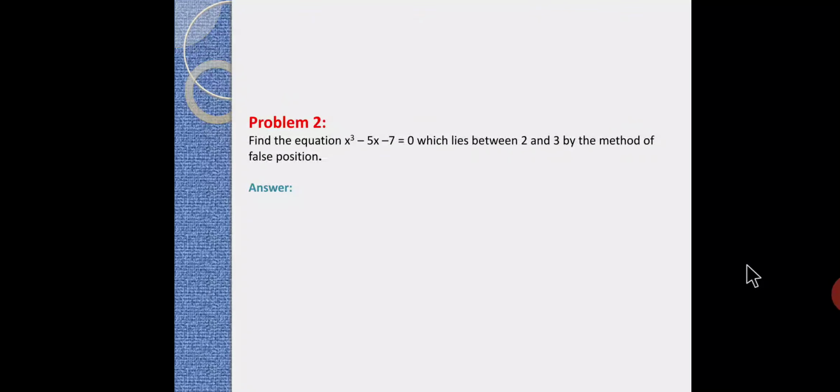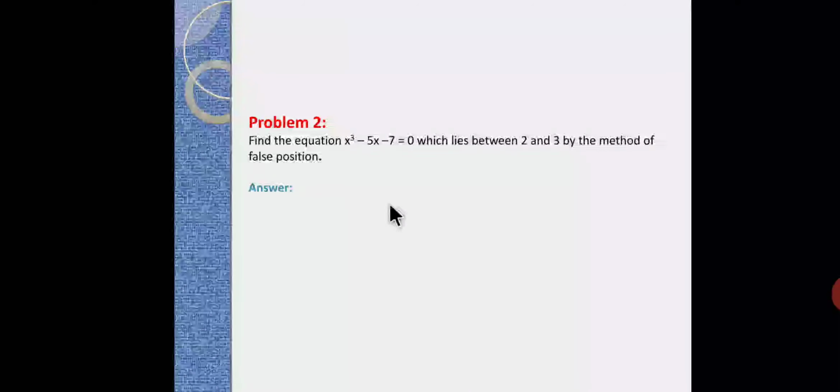Coming to the next problem, find the root of the equation x cube minus 5x minus 7 is equal to 0, which lies between 2 and 3, by the method of false position. In this problem, they mention the root of the given function lies in 2 and 3. So solution. Let us consider the given function be f of x.